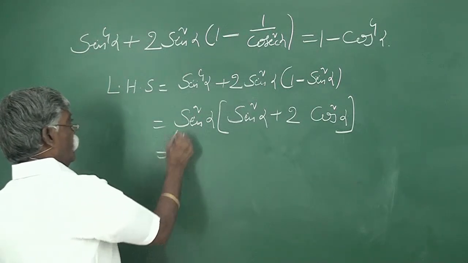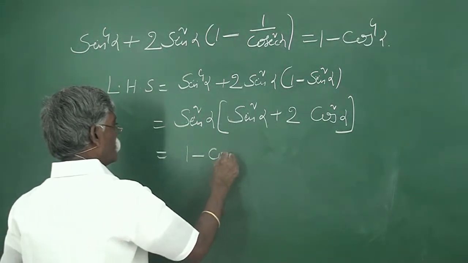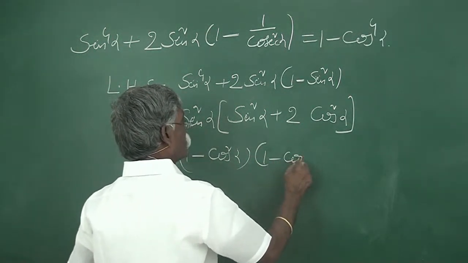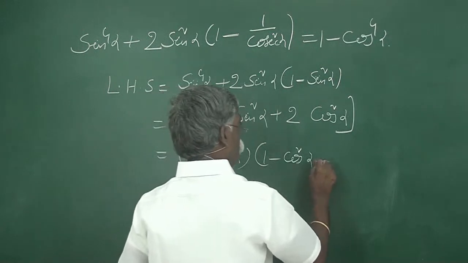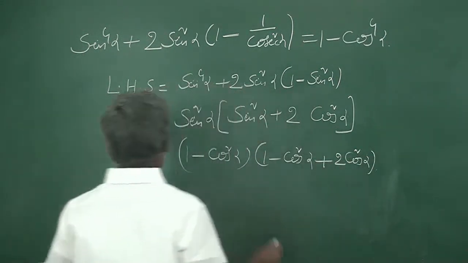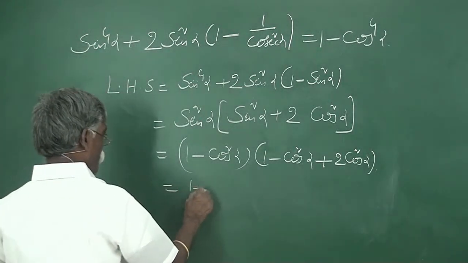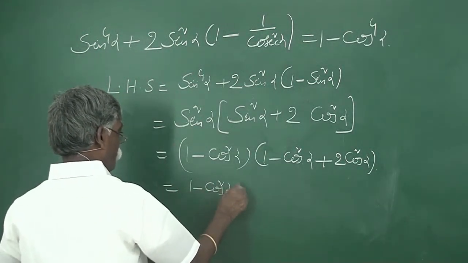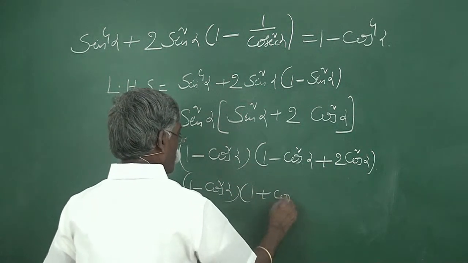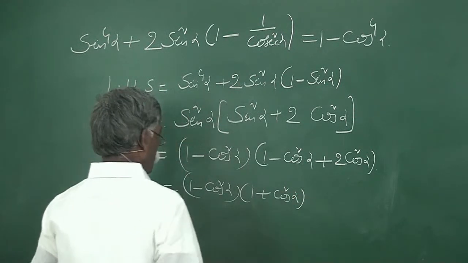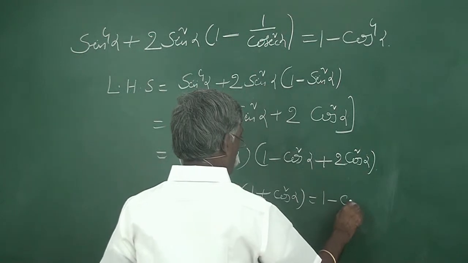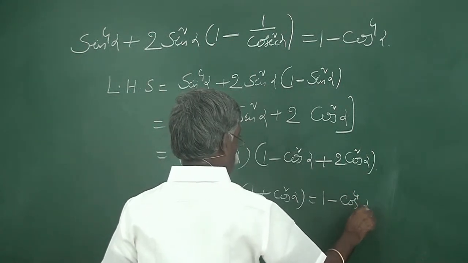Therefore, let us write this as 1 minus cos square alpha into this is 1 minus cos square alpha plus 2 cos square alpha. Therefore this is 1 minus cos square alpha into minus cos square plus 2 cos square becomes 1 plus cos square alpha. A minus b into a plus b, a square minus b square means 1 minus cos power 4 alpha.